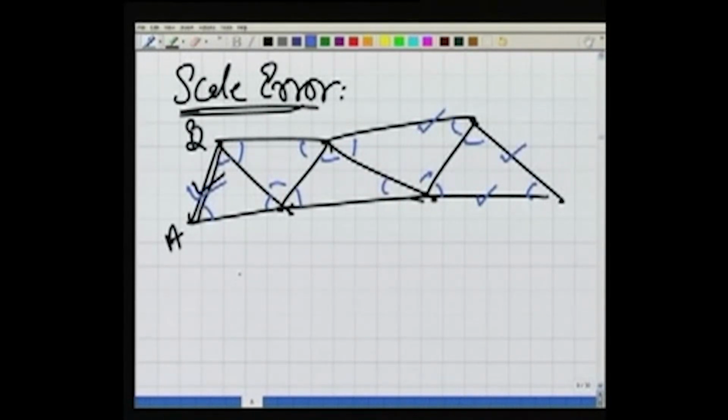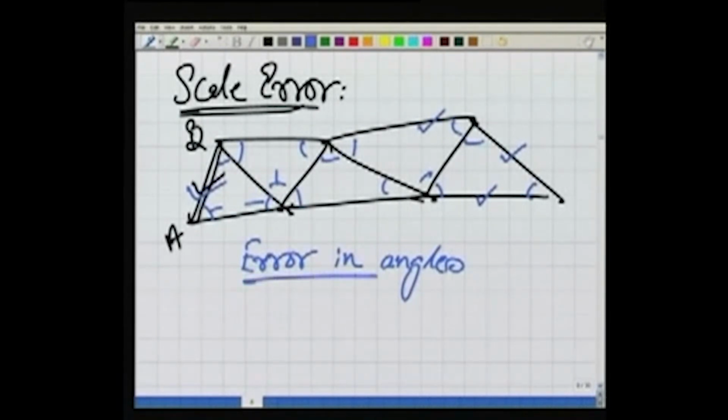We have also seen that the error in angles, because all the angles which we are measuring here, whether this or this or this, has some error, and this error propagates.